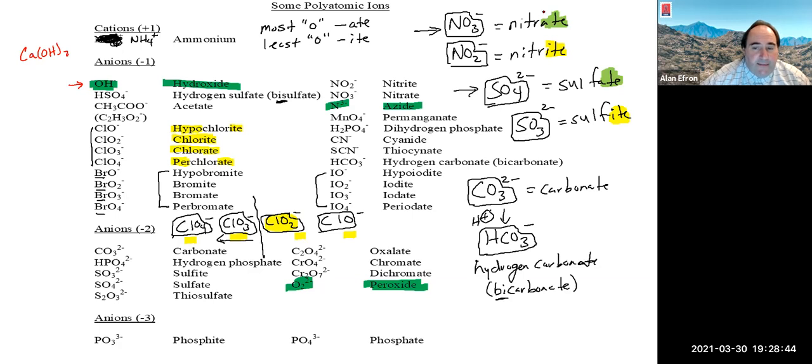The name of this would be based off of calcium, which is group 2. So we would use the entire name of the metal. The OH is OH minus, which is hydroxide. Now, a couple of things about the formula and the name. Obviously, there's a 2 here. It does not have an effect on the name, just like type 1 and type 2.